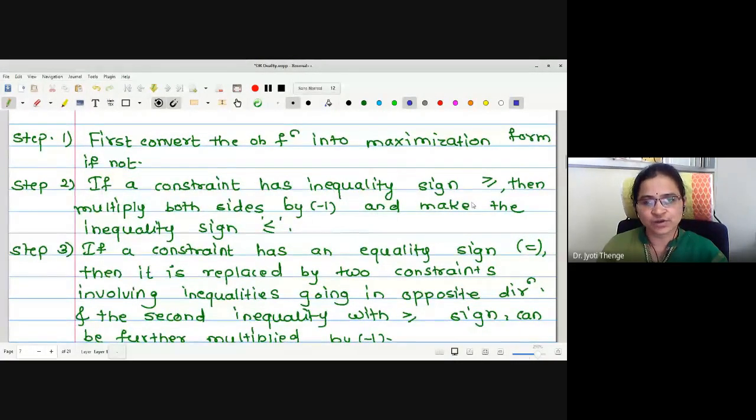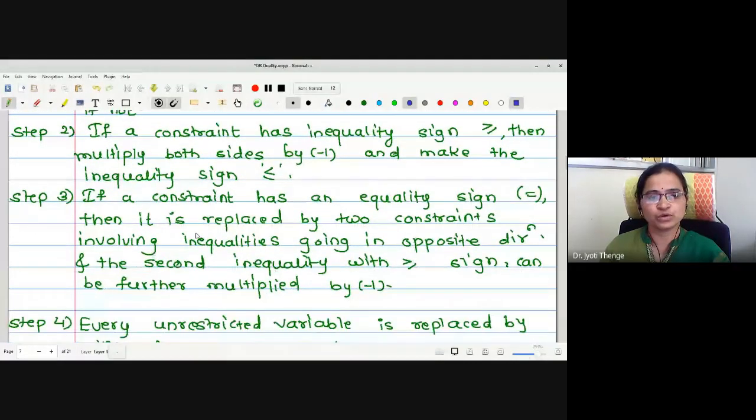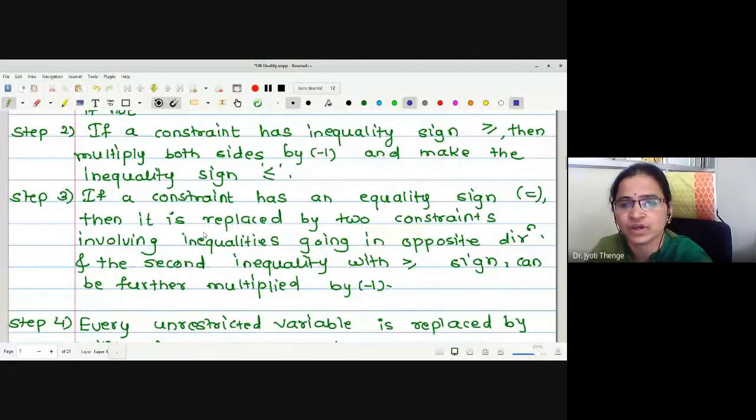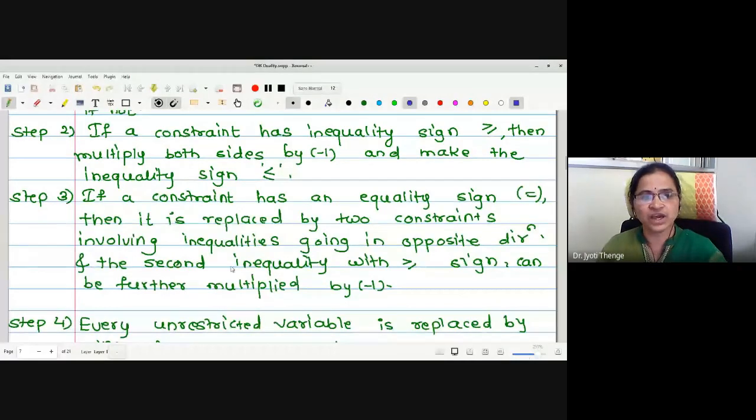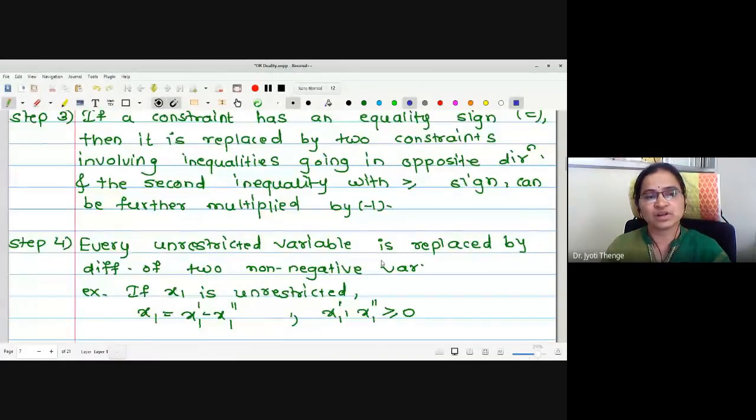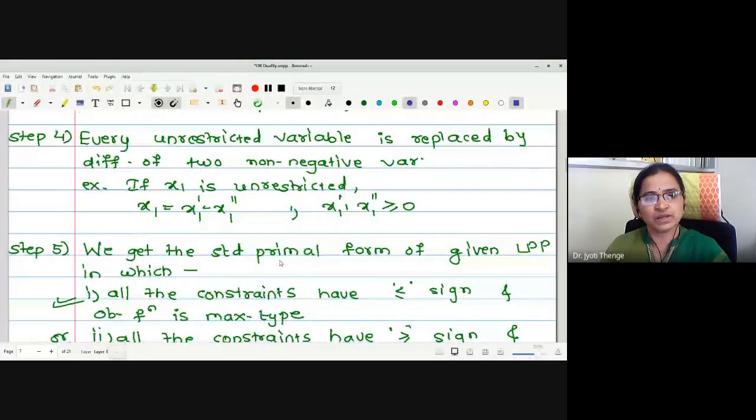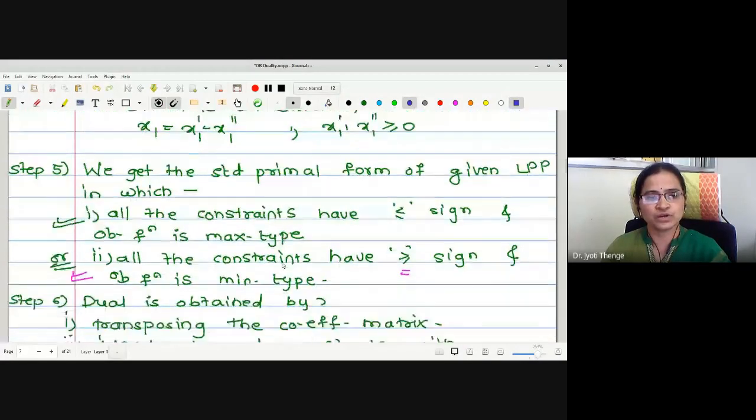If the constraints are of greater equal sign, then we convert them to less equal sign. If we have an equality constraint, we can replace it with two inequalities going in opposite directions, and then the second inequality, with the greater equal sign, can be changed to less equal by multiplying with minus 1. Then every unrestricted variable is replaced by the difference of two non-negative variables.